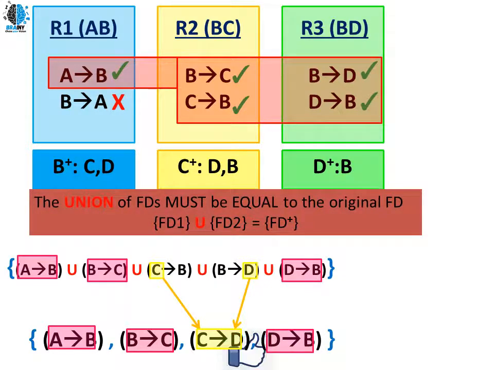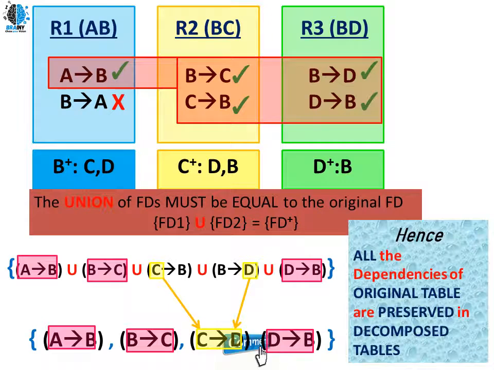Next we have D goes to B. It means the original table's functional dependencies are preserved in our decomposed tables as well. Hence all the dependencies of the original table are preserved in the decomposed tables.